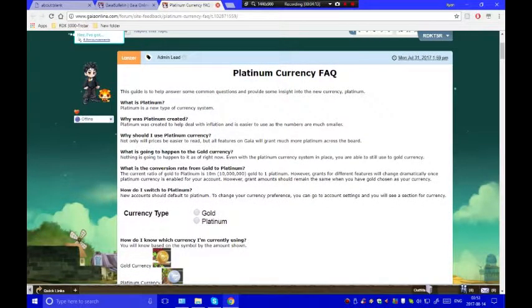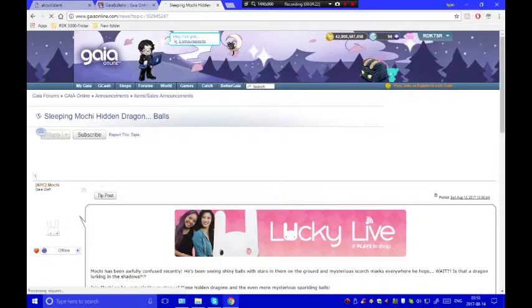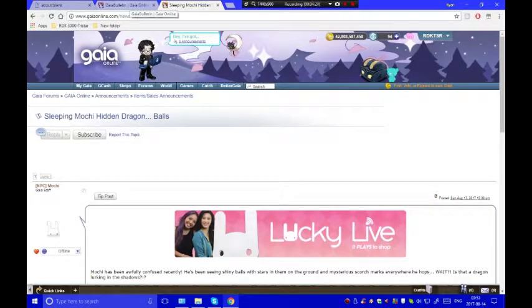And in the marketplace, conversion is 5 platinums in 1 Gaia cash. So 5 platinums include quote 1 US cent.